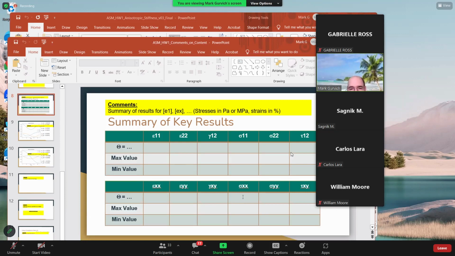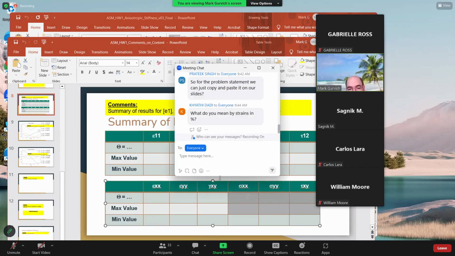Aren't those the given values? Yeah, those are the same. This portion just ignore, because the loads will not change, because it's a given load. It was my misprint. Good catch. You can just put the same values.